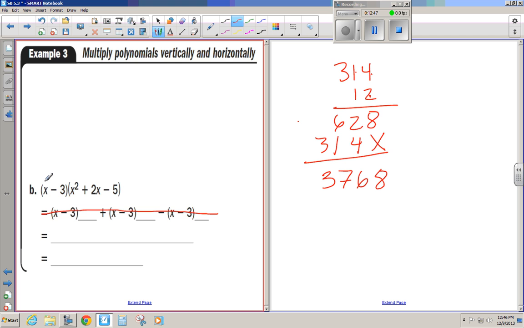I want you to take x and go times x squared. I want you to do x and do x times 2x. I want you to do x and go times negative 5. Then, now that x is done, it's negative 3's turn.